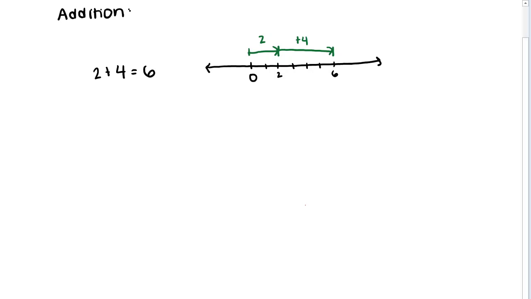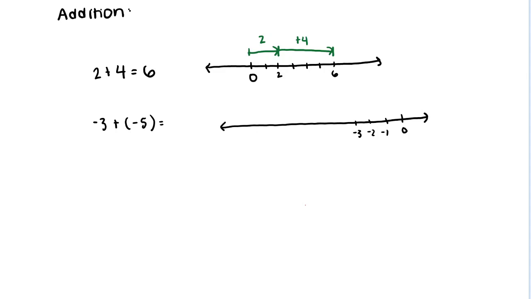Now what does it look like if we have something like, let's say, -3 plus -5? What is this equal to? Well, here if we use our number line, maybe I'll write 0 here, here's -1, -2, -3. -3 is going to start out 3 units to the left of 0 on this number line.